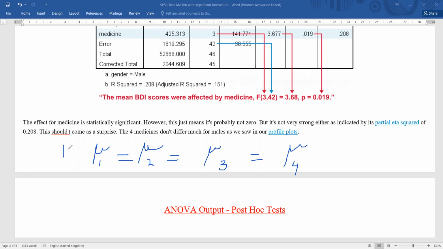So this hypothesis is for females; I am testing this hypothesis only for females. On females, we have rejected this null hypothesis; it is significant.